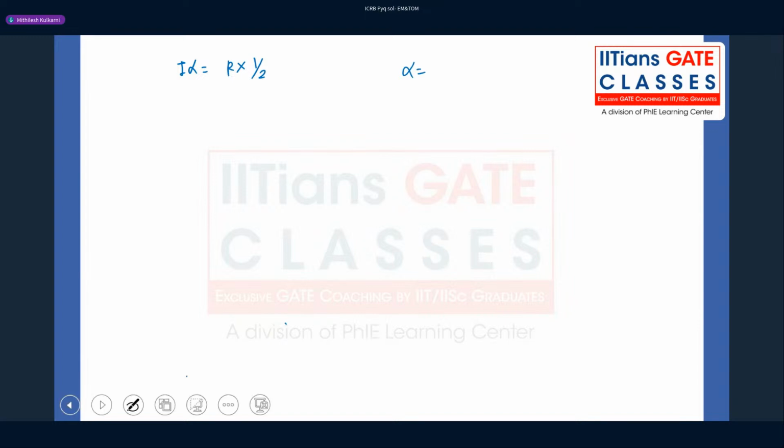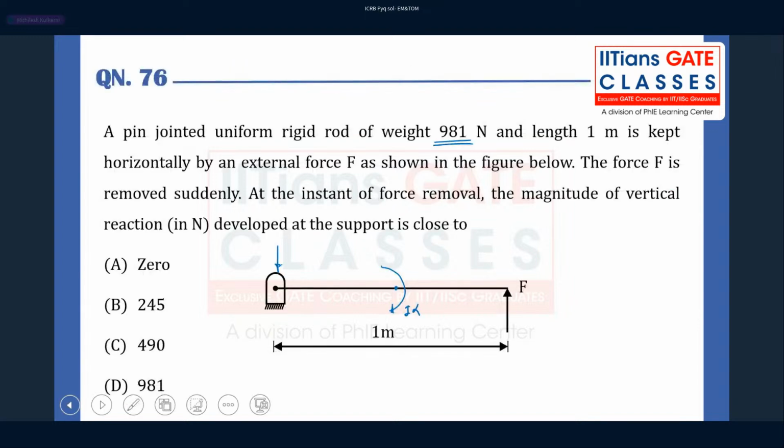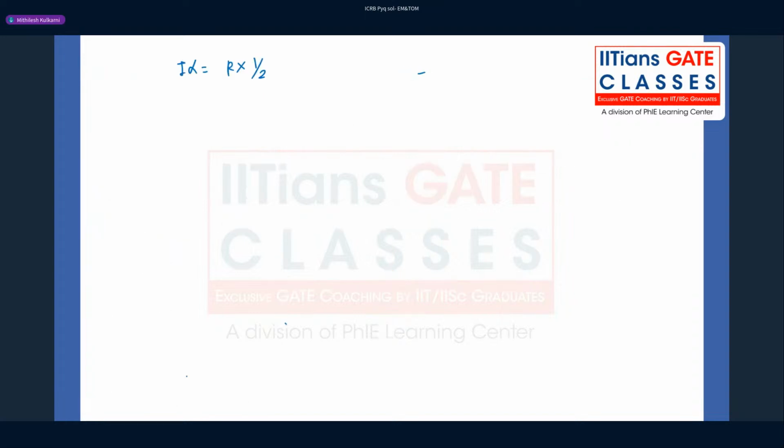Alpha is the angular acceleration, or let me just make it more simple. R from this equation can be written as 2 times I alpha.